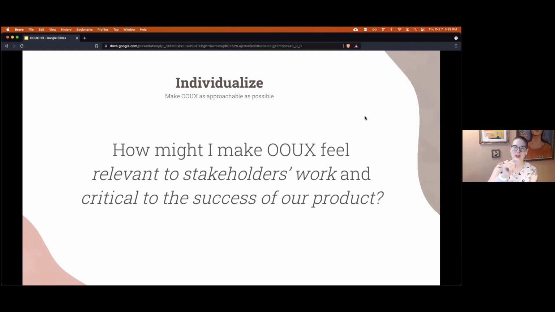I illustrated the different ways that the IT administrator had to pogo stick around, and then contrasted that with an OOUX approach where we connect the user and the security policy objects that define why someone is blocked in one page, and used that to visually emphasize why this could make the design and the experience as a whole better. That was tying not only OOUX to my own work as a designer, but tying it to the success of the product. If our IT administrator can't do their key thing, then unfortunately the experience is a bit broken.